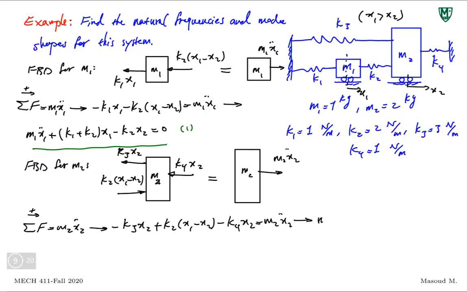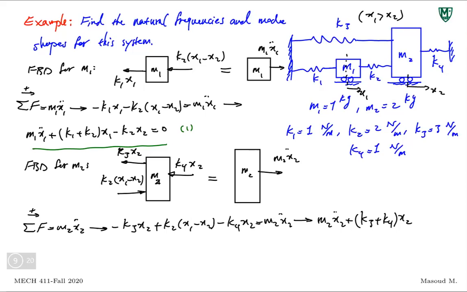Let's move things around. M2 X2 double dot, then I'll get plus K3 plus K4 X2. Wrong.